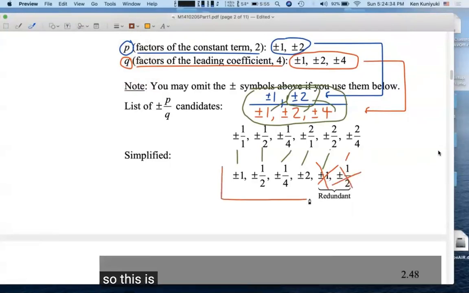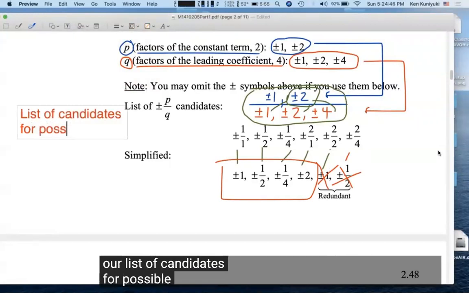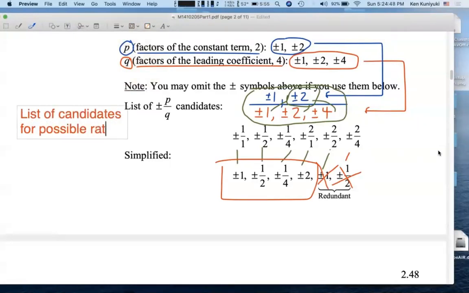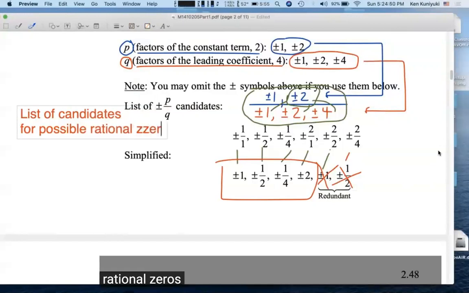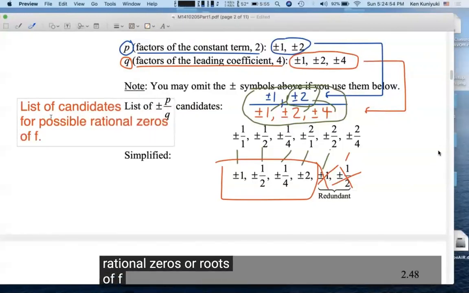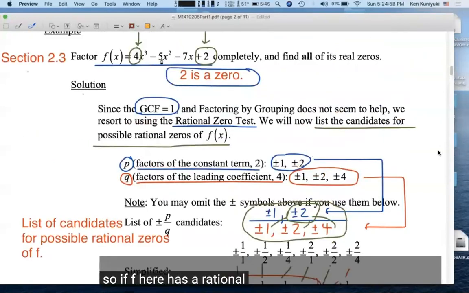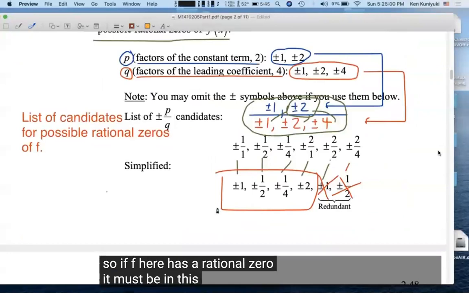So this is our list of candidates for possible rational zeros or roots of f. So if f here has a rational zero, it must be in this list.